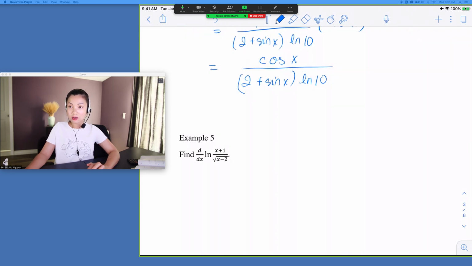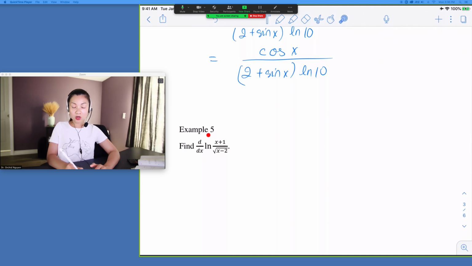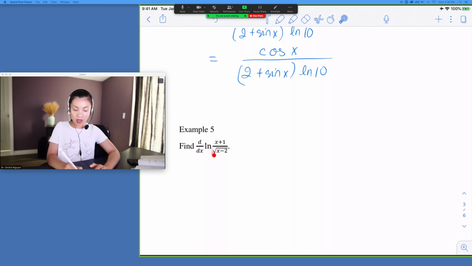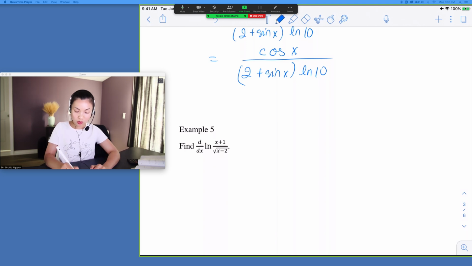You can see right here what we have is the ln for the outer function, and then the inner function is going to be a quotient. So first, I'm just going to rewrite the square root. So what we have is ln of x plus 1 over square root, sorry, I want to rewrite.